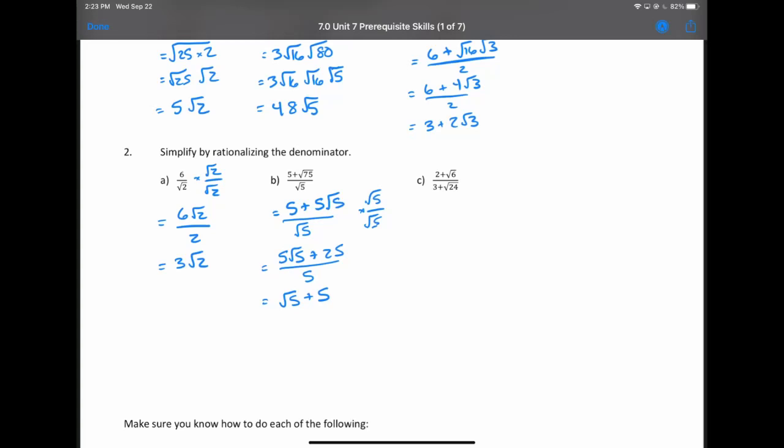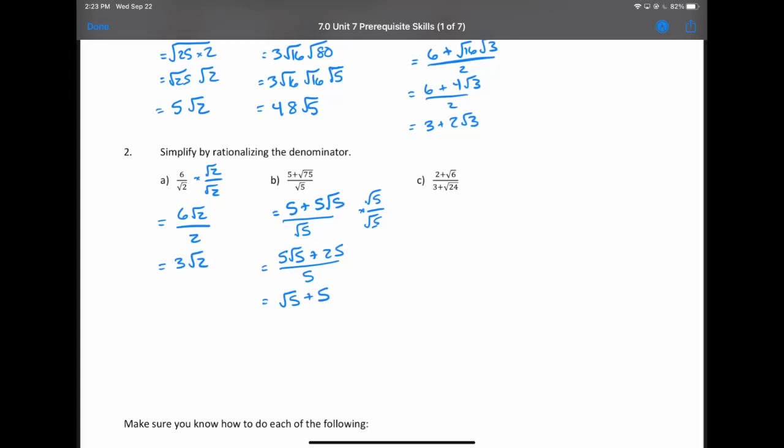Okay, the last one is by far the biggest trick, and the one that students tend to forget. If we want to rationalize the denominator in part C, we've got to get rid of the root 24, but multiplying by root 24 will not do the trick, because then it'll just give us a radical after the 3, even though it fixes the root 24 part.